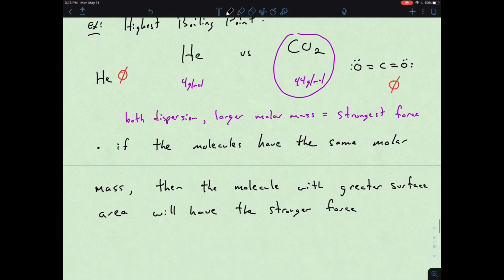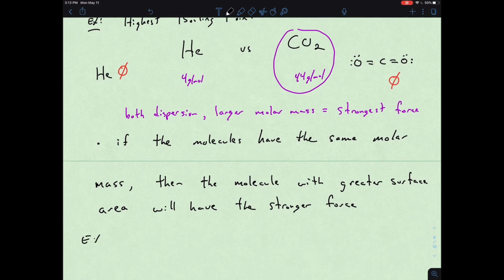So if we were to compare, maybe ask, which has the greater viscosity.